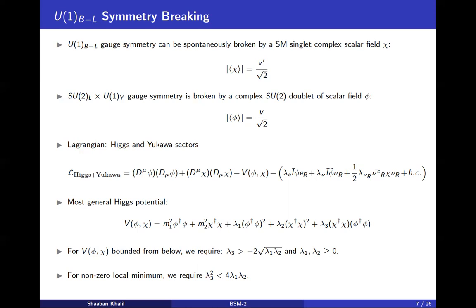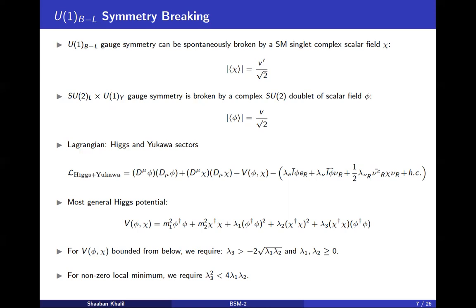This is exactly like this one. So the mass term of phi dagger phi will not be only M1 squared, but M1 squared plus lambda 3 times V prime squared. V prime is large, okay?